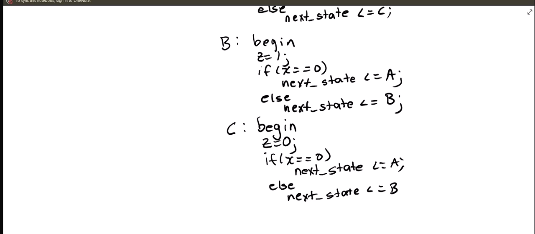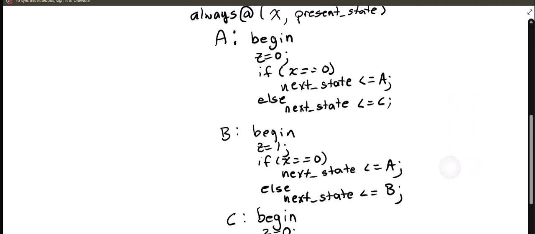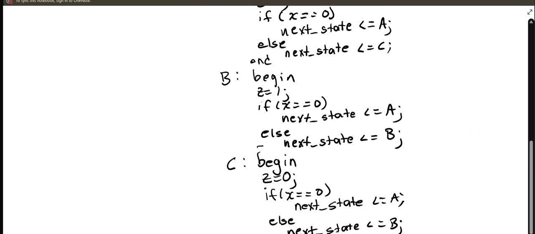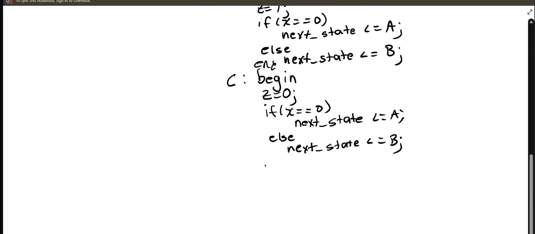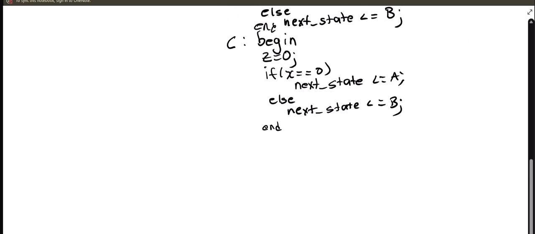Yes, it's still B. And then I think I forgot my ends on all of these. So for A, where I have begin, I should have had an end. And for B, I need an end. For each case, whenever you have a begin, you need to have an end. And so all of these should have also been indented because you want to keep your code nice and neat. Okay, and then D, begin, and that would be Z equals 1.